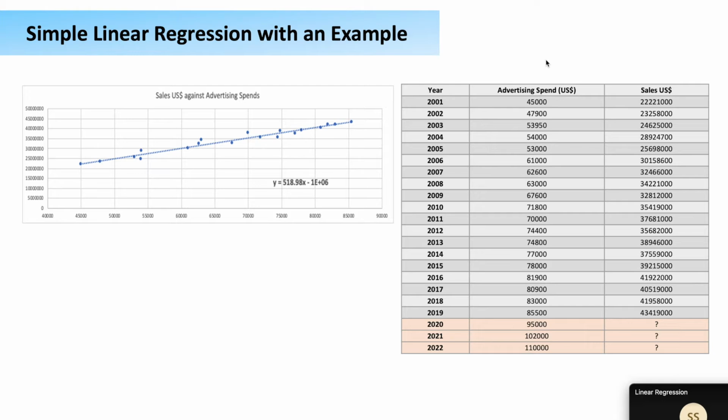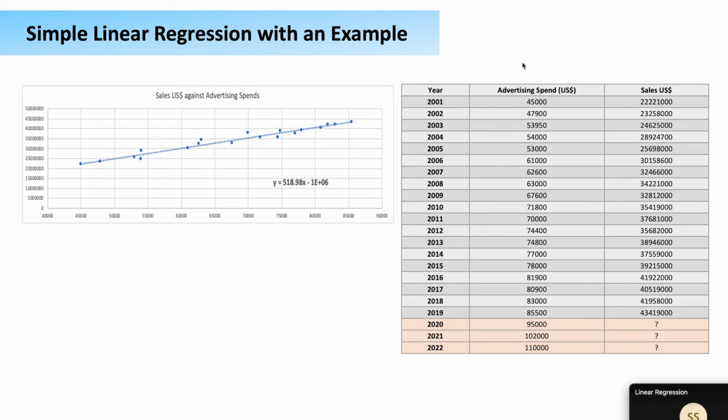So the linear regression equation is going to look at these values. So every year the advertising spend and the sales volume, it is going to learn the relationship from this data, and it is going to create a model, and that model is essentially going to contain an equation in the form of y equals mx plus c.